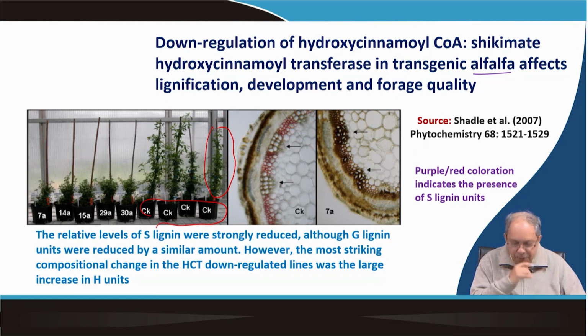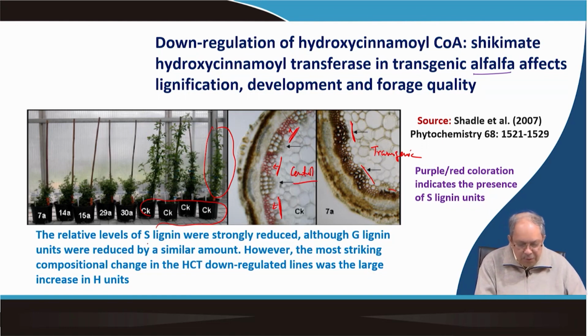But the good point is the presence of syringyl units, shown here by this purple-red coloration, which is now changed. That means it is not accumulating the S lignin. So, this is the transgenic, and this is the control.